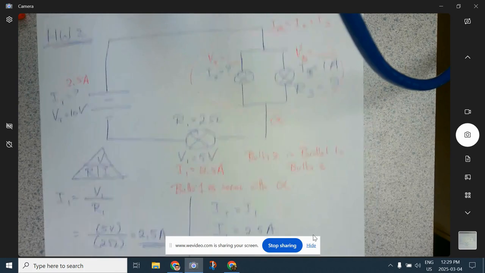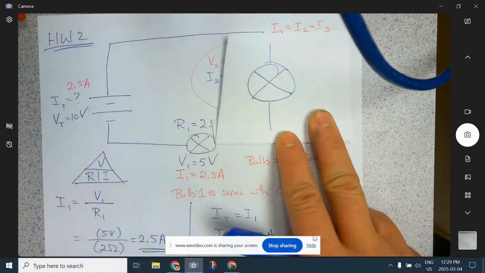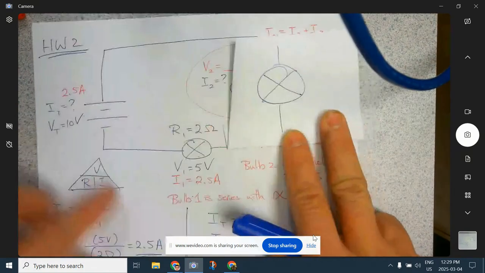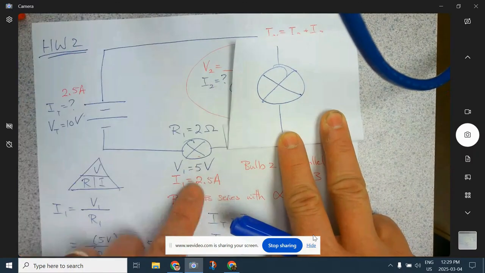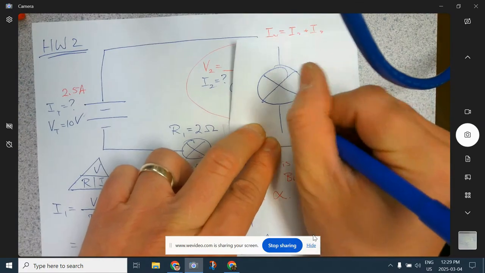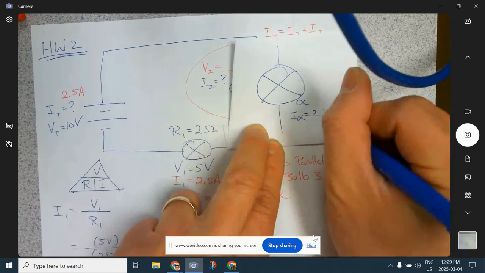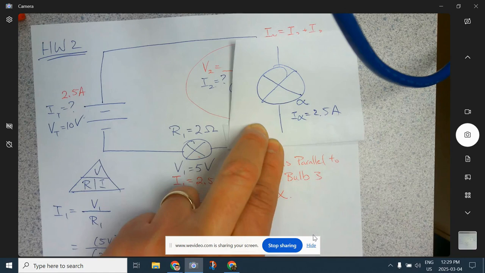So rather than looking at individual things, let's just treat it as one light bulb. Combine both together and make a giant light bulb. These are series. So this here would be equal to this part here, and we earlier would call this alpha. So I alpha would be equal to 2.5 amps. Does that make sense? Hopefully you can see that.